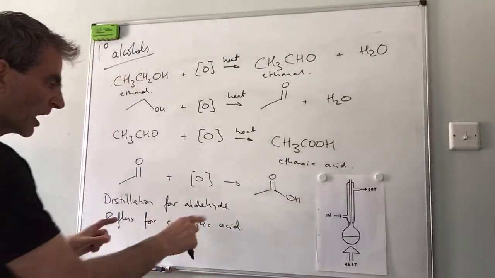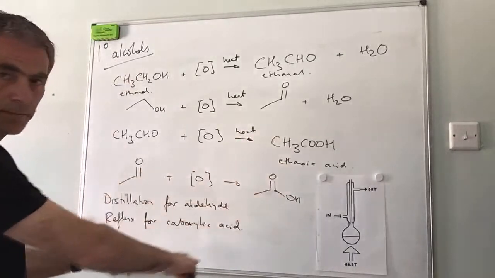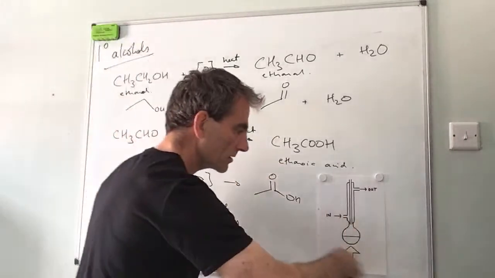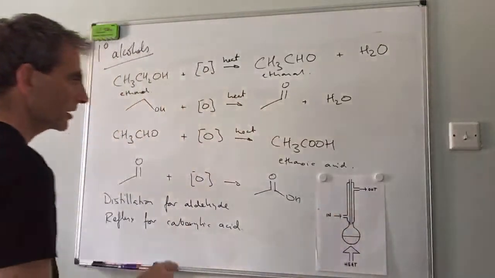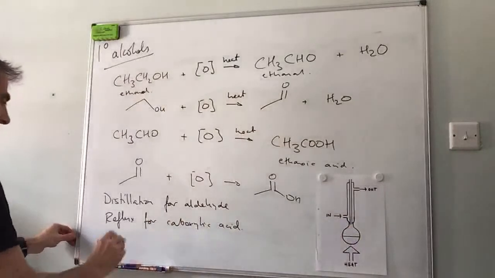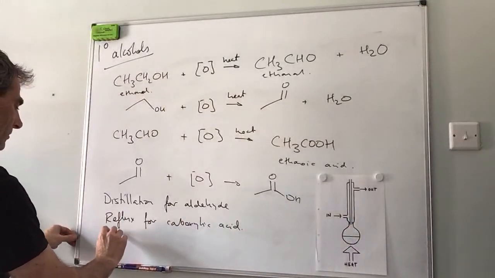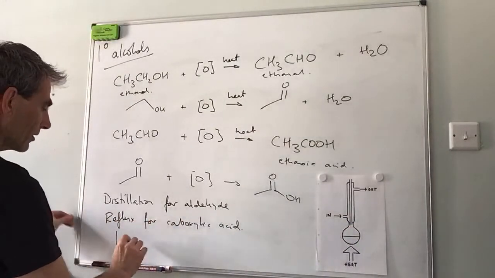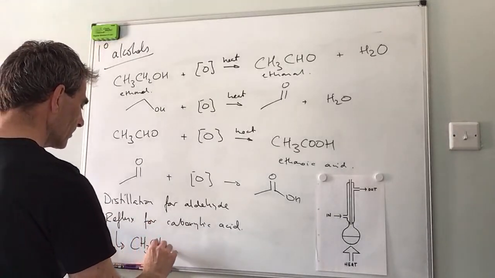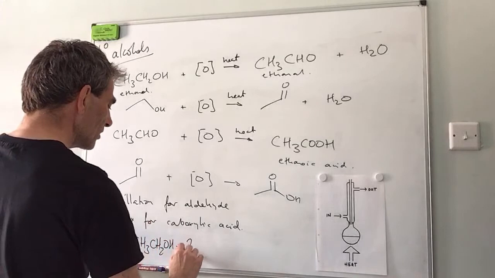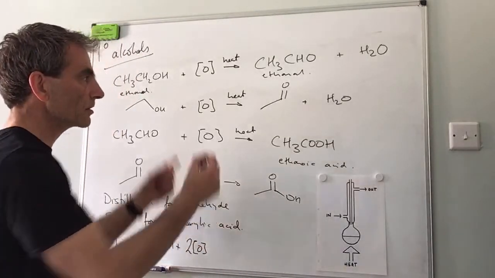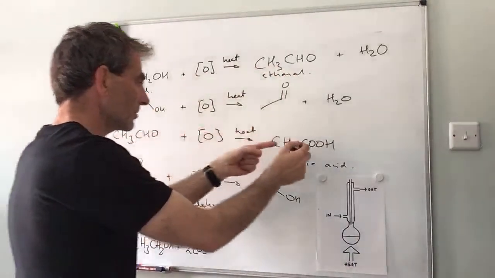So the only extra thing I'm going to put on this part of the board is the equation for the refluxing process, because you've got both oxidations happening one after the next. So the equation for that, using ethanol as the example: CH3CH2OH, 2 moles of oxidizing agent because 2 oxidations have happened, aldehyde, then carboxylic acid.